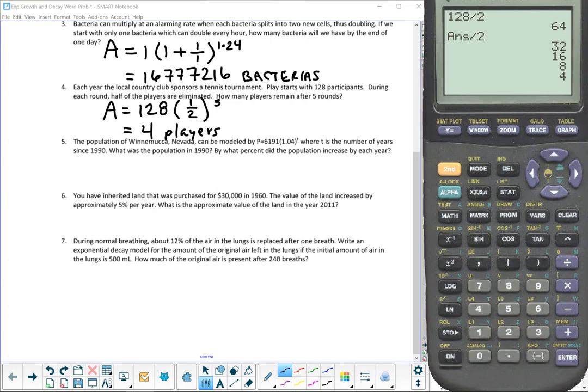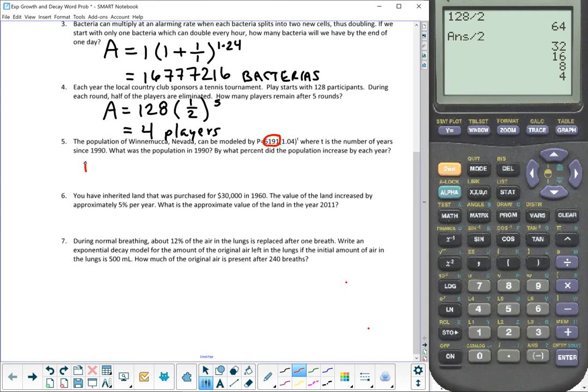Okay, so number 5. The population of Winnemucca, Nevada can be modeled by this function right here, where T is the number of years since 1990. What is the population in 1990? This isn't a problem where it's asking you to do anything, it's just asking whether you know what's going on. In 1990, this is your initial population, or the principal.